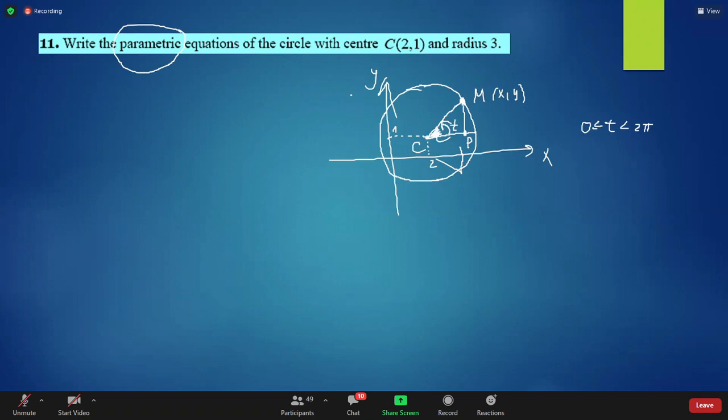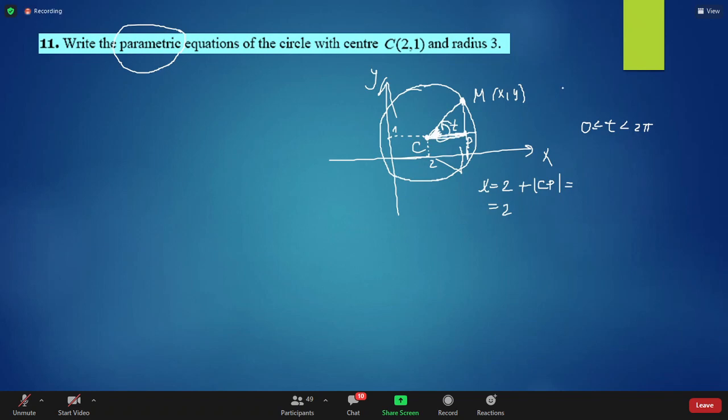And now we have to figure out how to express x and how to express y. X, let's say, at this point, we can in fact say that x is 2 plus evidently the length of CP. And we know that CP, the horizontal leg of the triangle, the adjacent leg of the angle T, can be expressed using cosine.